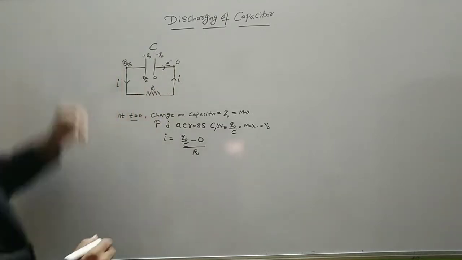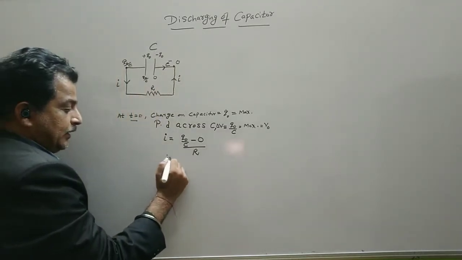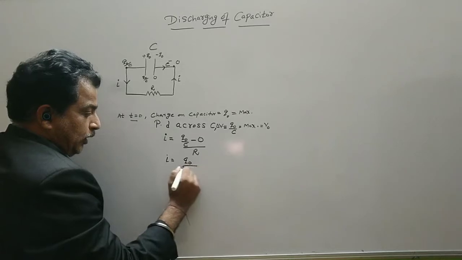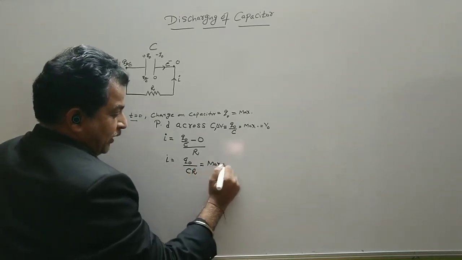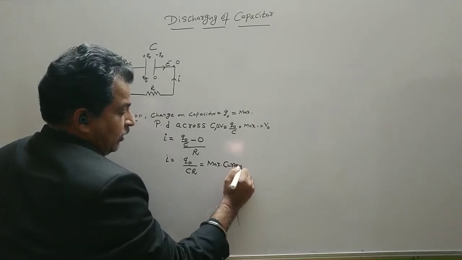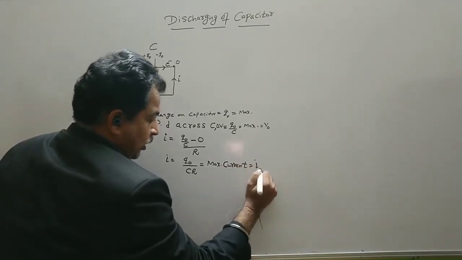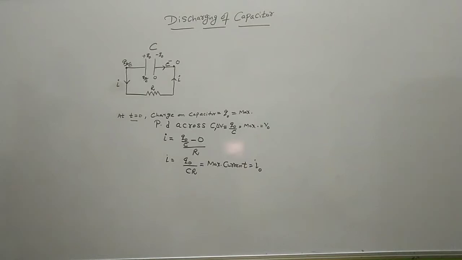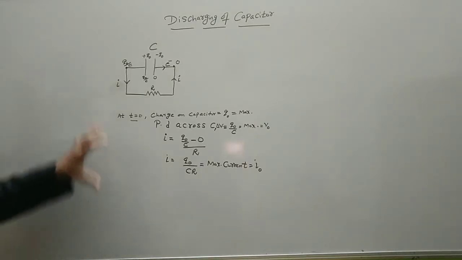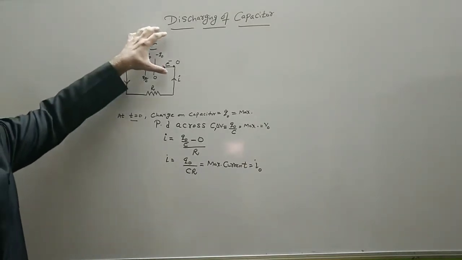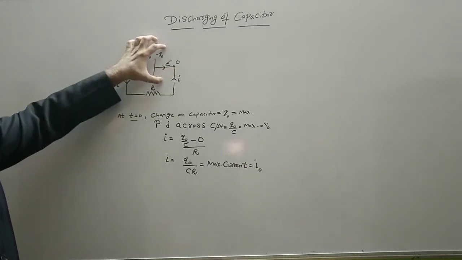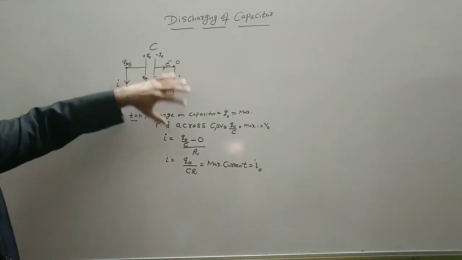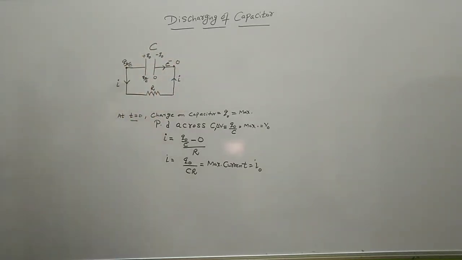So I is equal to Q naught by CR. Again, this is the maximum current in the circuit, which can be denoted later on by I naught. So the initial condition is that the charge on the capacitor is maximum, the potential difference across the capacitor is maximum, and the current flowing in the circuit is maximum.